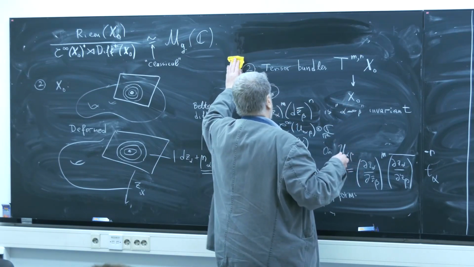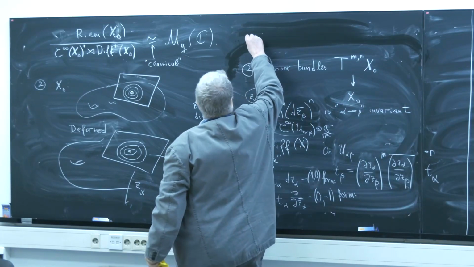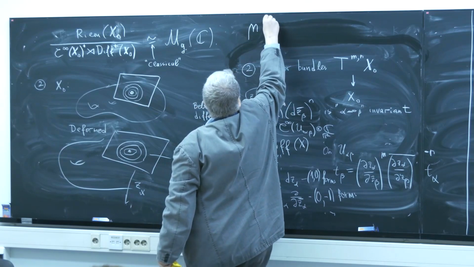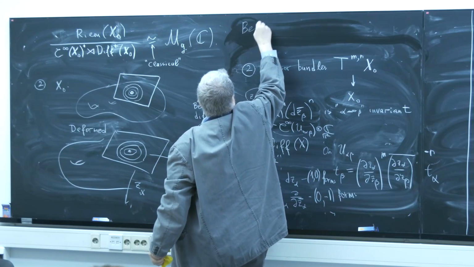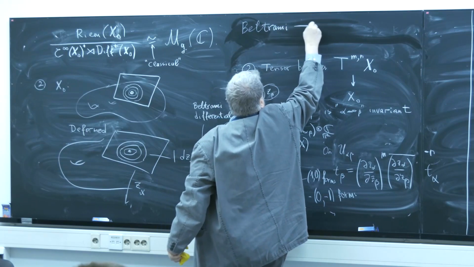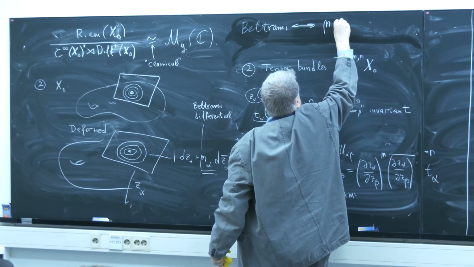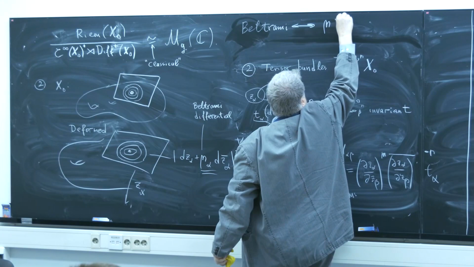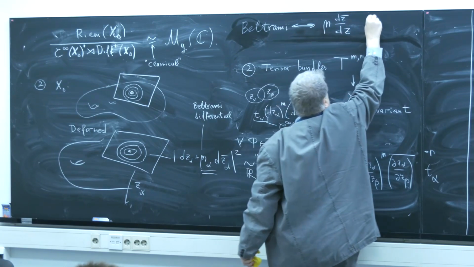I was puzzled by the expressions that you'll find in any text like this. Without an index, I'll write just the word Beltrami. It corresponded to the expression mu dz bar over dz.